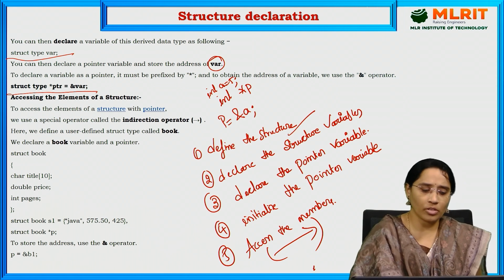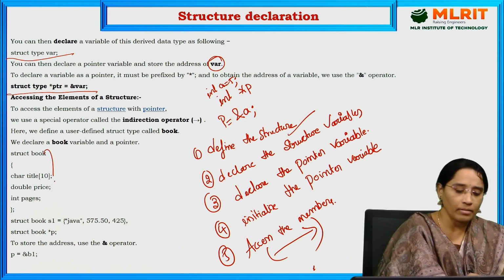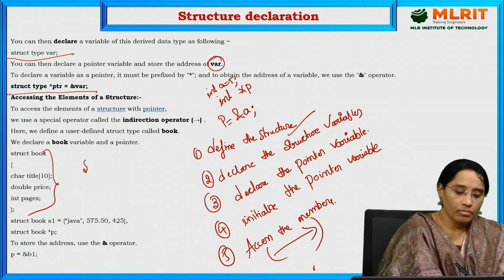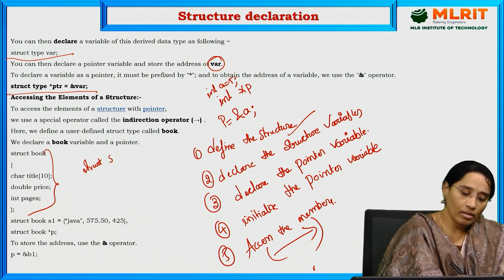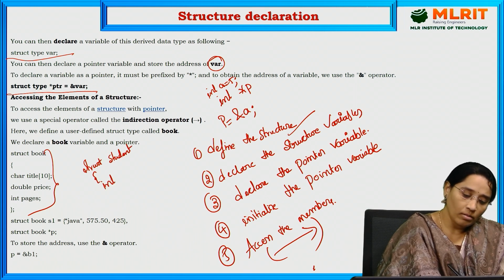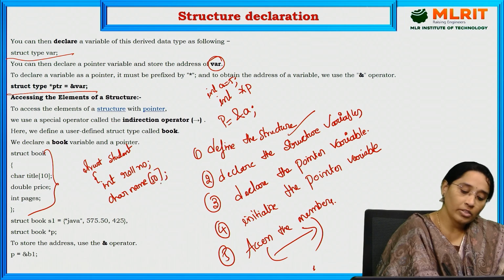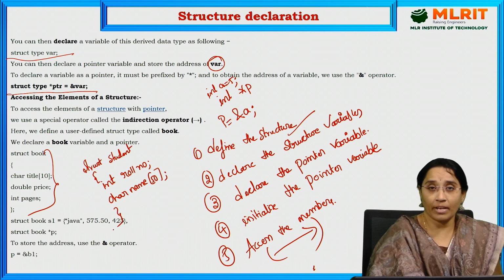So first, define the structure. How will you define the structure? See here, struct student. I'll take another example: struct student, int roll number, char name. Like that you can declare or define the structure.